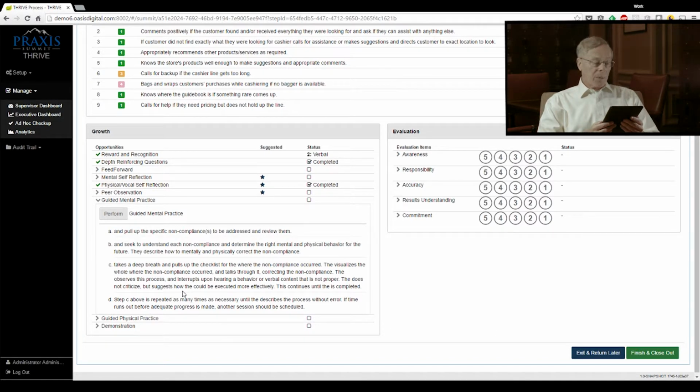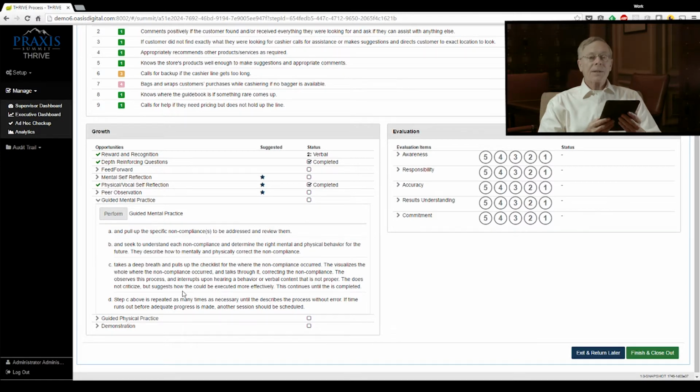So an employee would vocalize what they went through and visualize, but vocalize so the supervisor could hear what they're thinking and what they're doing. And now the supervisor is actually guiding that practice where the thinking is not quite right to perform the process at the highest level.